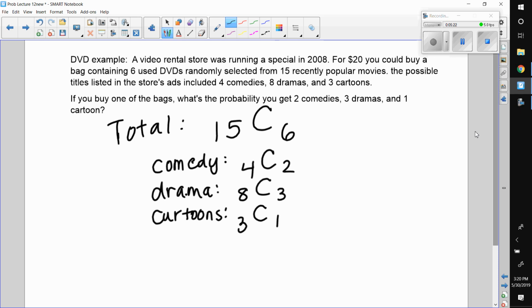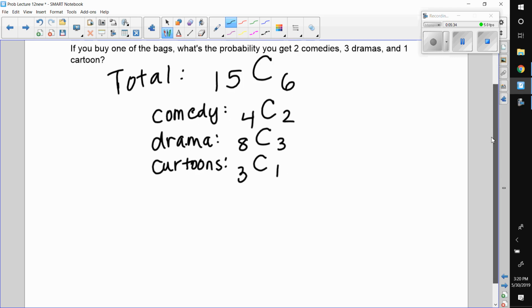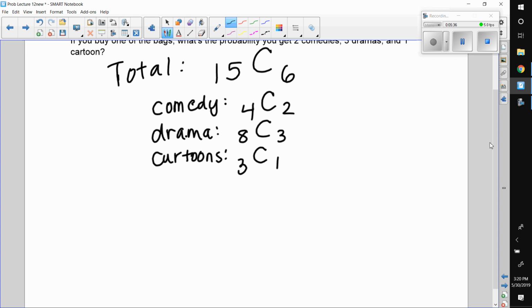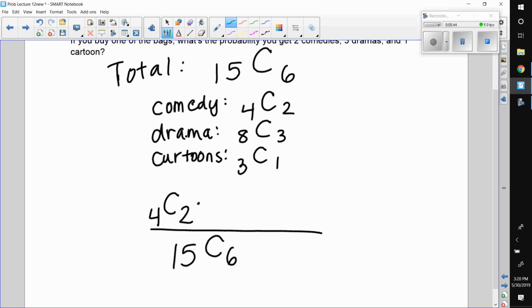Okay? The total here is going to go on the bottom just like before. And then all of these other ones are going to go on the top. So your 15 combinations of 6 on the bottom, and then on top we're going to multiply these 4 combinations of 2 times 8 combinations of 3 times 3 combinations of 1.